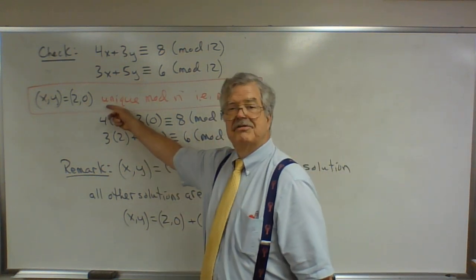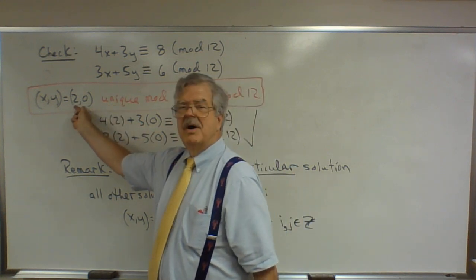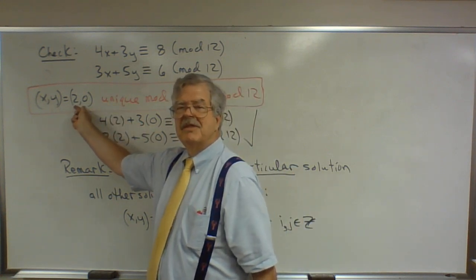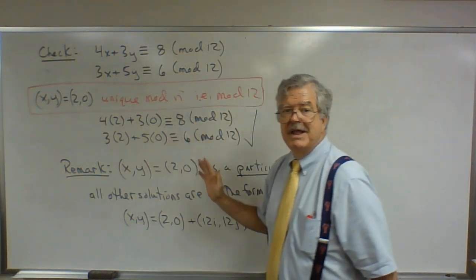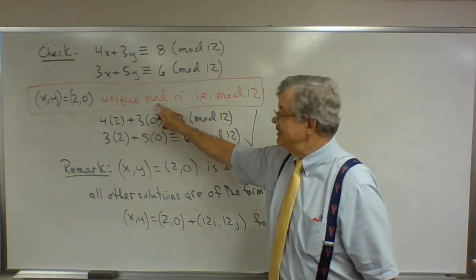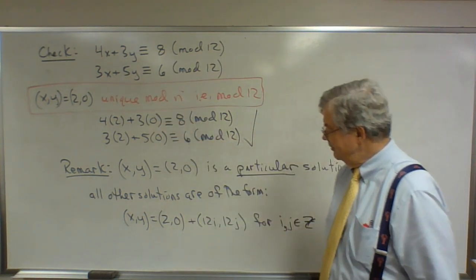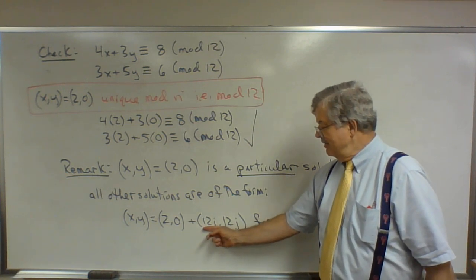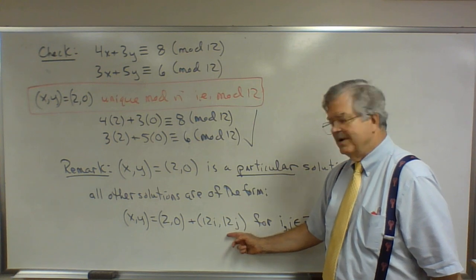This is a unique solution. This is the only solution that has x, y coordinates between 0 and 11 inclusive. There are infinitely many other solutions that are congruent to this, and they consist of this particular solution plus some multiple of 12 in the x coordinate, some multiple of 12 in the y.